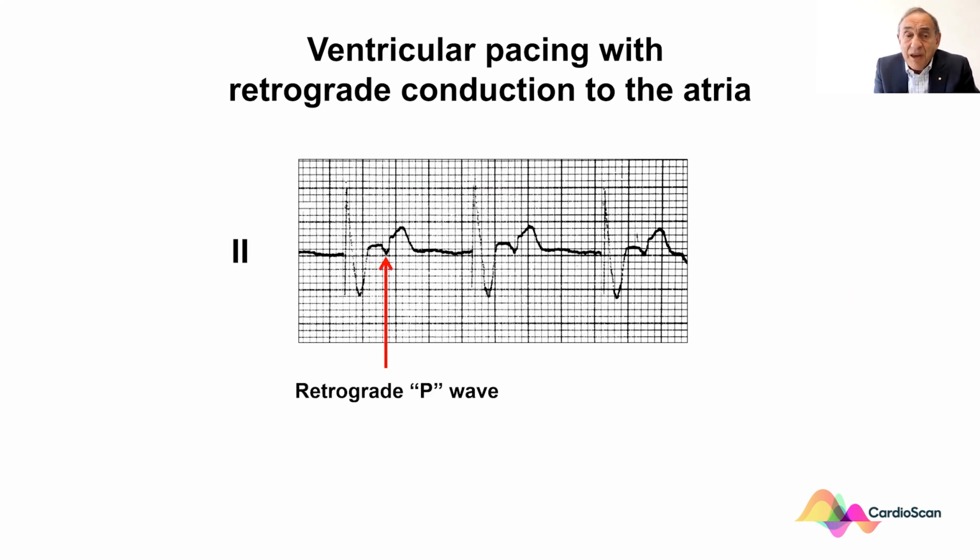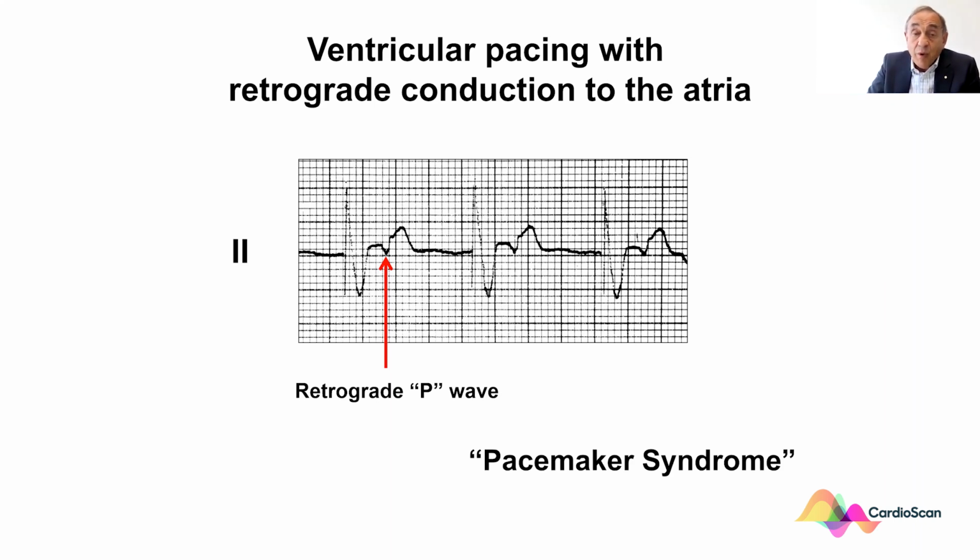This means that the retrograde P waves contract against closed AV valves, resulting in blood being pushed retrograde both into the veins of the neck as well as into the pulmonary veins. And this can be very symptomatic. We call this the pacemaker syndrome. Of course, it is cured by upgrading the patient to a dual chamber pacemaker where there is atrial pacing or sensing prior to the ventricular pacing.